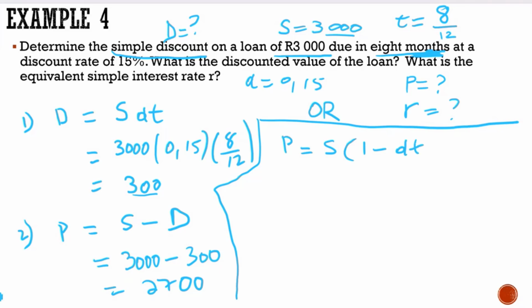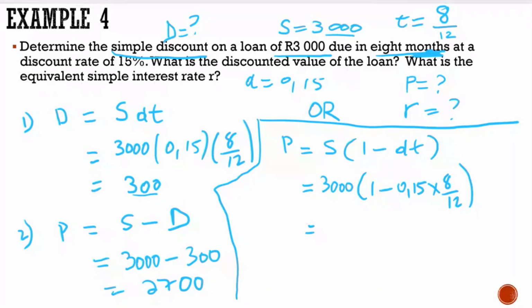I'm just showing you another route. My S is equal to 3,000 into 1 minus the discount rate, which is 0,15. The time is 8/12. This is one way of calculating your present value.